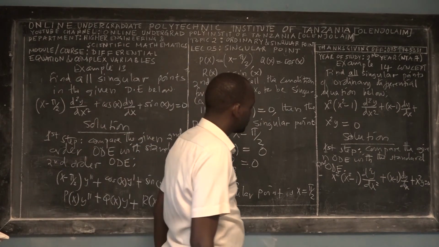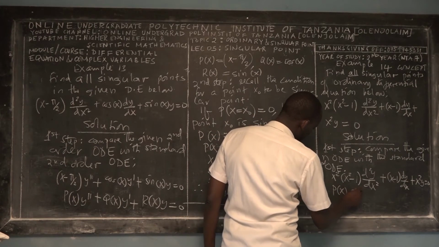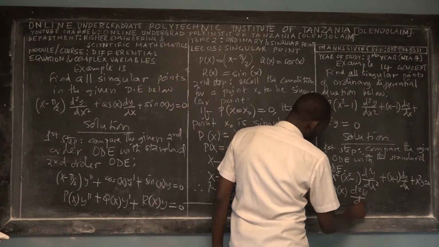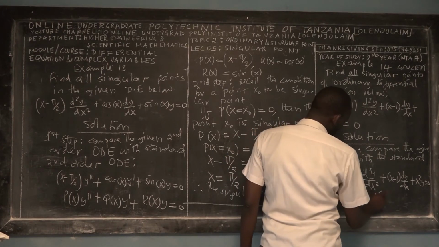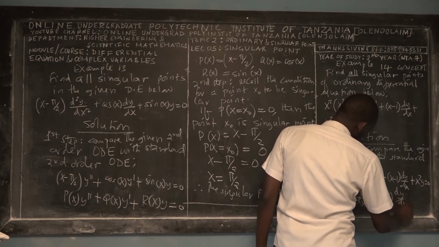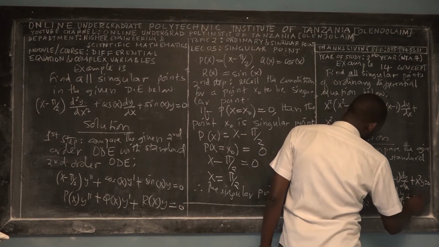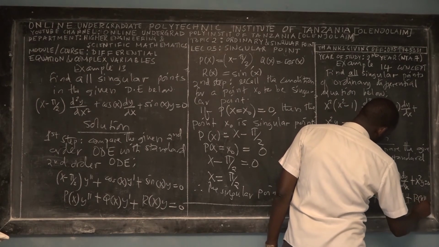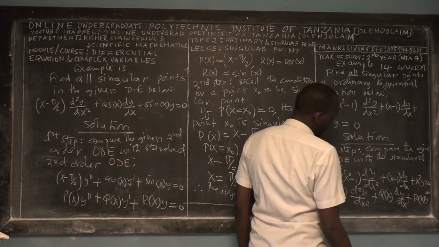In this case, you compare with p of x, second derivative of y, plus q of x, first derivative of y, plus r of x, y is equal to 0.